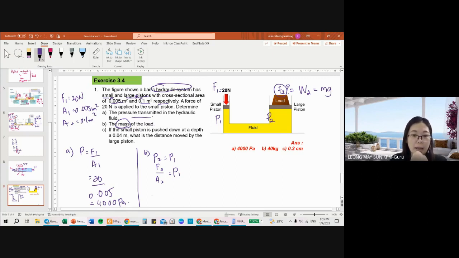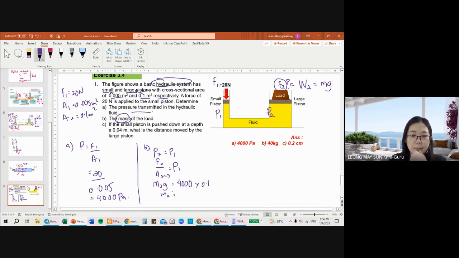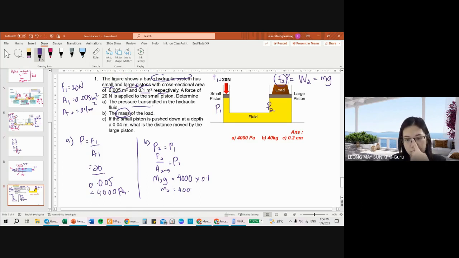All right, so F2, I'm going to put M2G here, and I'm going to shift the A2 up. So it's going to be 4,000 multiplied by A2, which is 0.1. So mass M2 is 4,000 times 0.1 over 9.81.